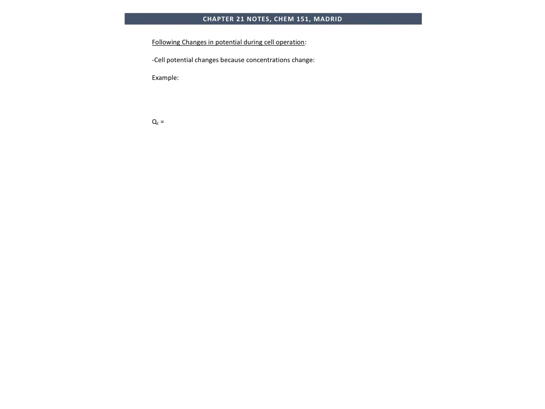Okay, so what happens as concentrations start to change? Look back at that previous example that we did, and let's pretend that the concentration of zinc 2 plus is now 0.015 molar, the concentration of H plus is now 2.0 molar, and the pressure of H2 would increase to 0.40 atmosphere.